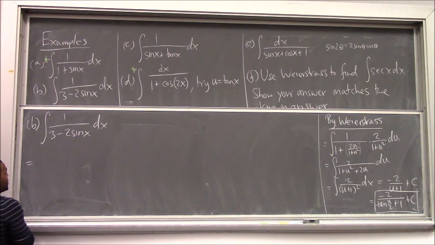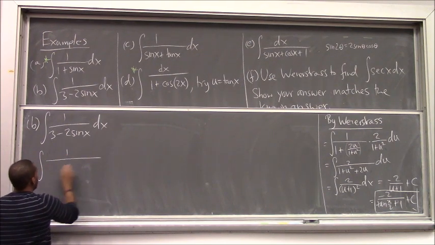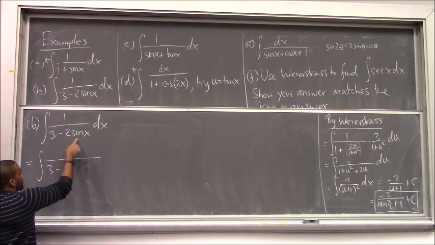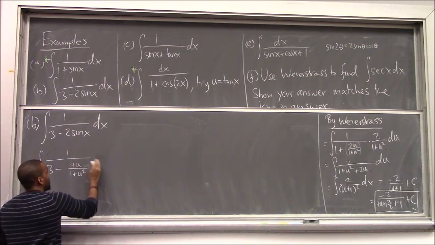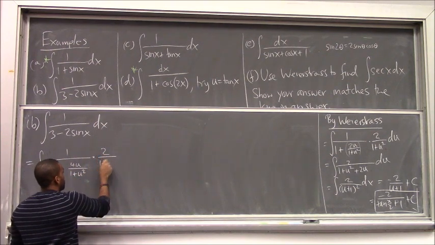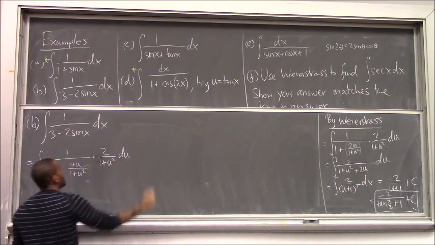So I probably jump straight into Weierstrass substitution. This is going to be equal to 1 over 3 minus. Now the sine of x is 2u over 1 plus u squared, so it becomes 4u over 1 plus u squared. My dx is going to be 2 over 1 plus u squared du.